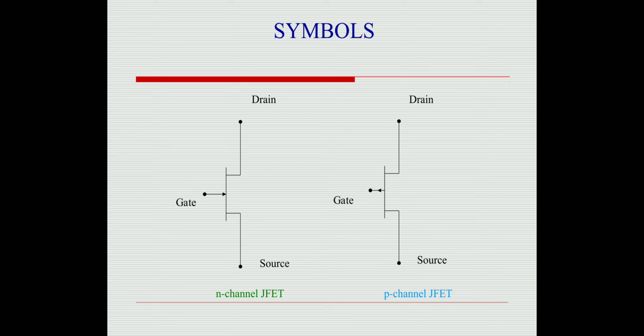For N channel, the arrow of the gate terminal is shown towards the junction, whereas in P channel JFET, the arrow is shown away from the junction. Remember, the three terminal names for FET are drain, gate and source. Source is similar to emitter, gate is similar to base and drain is similar to collector terminal.